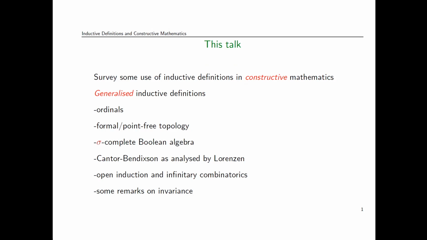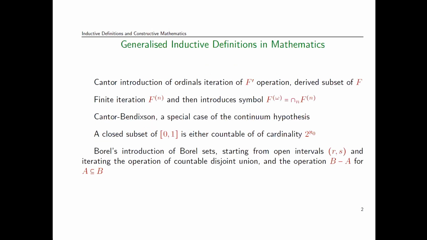The main example will be Cantor-Bendixson as analyzed by Lorentzon, because historically it was an important example for the discussions on whether or not generalized inductive definitions are predicative. And I will try to end, if I have time, with some remarks on invariance.